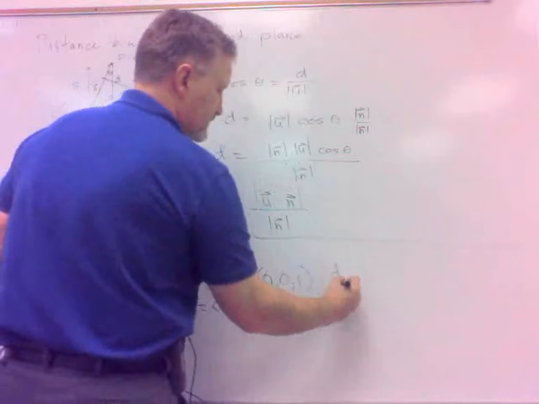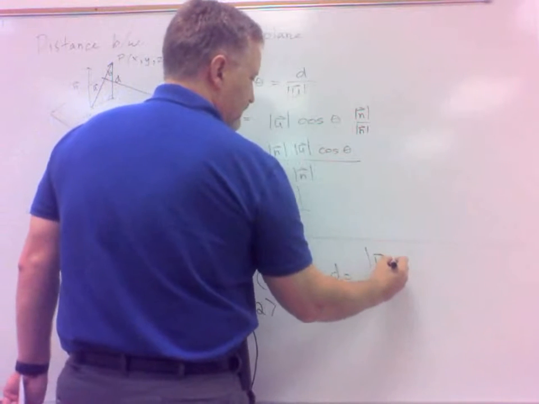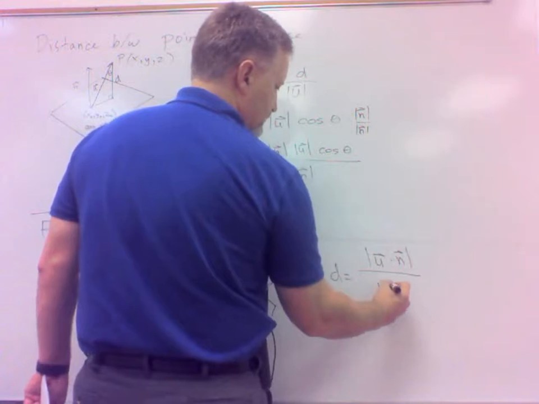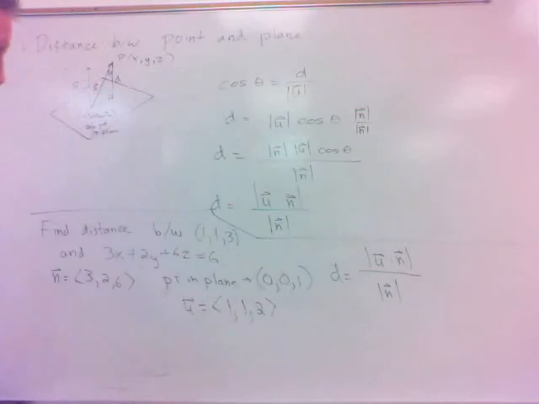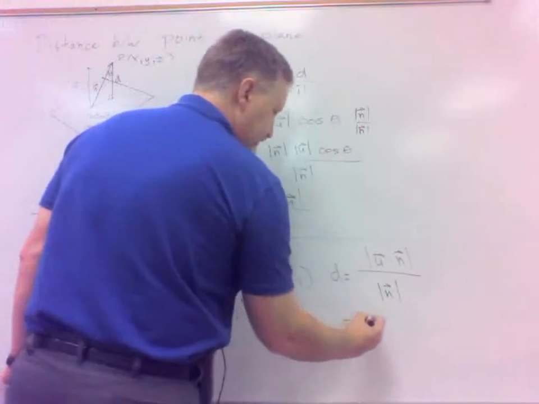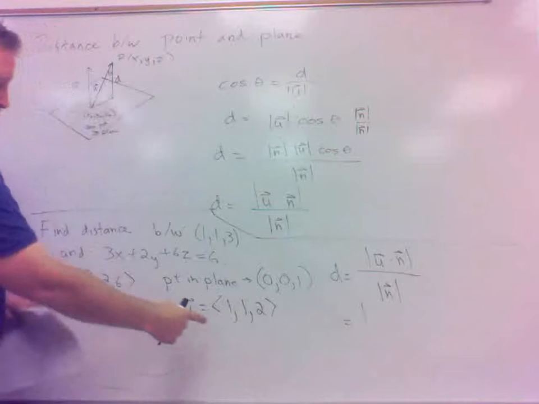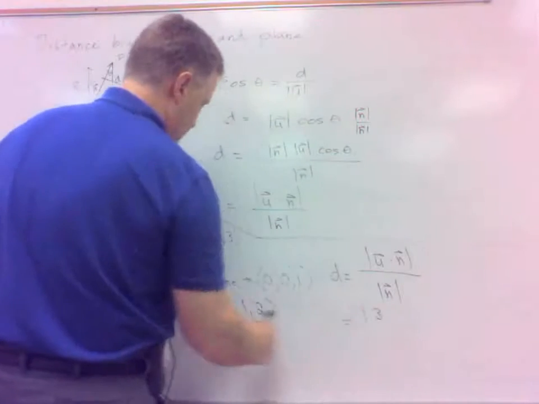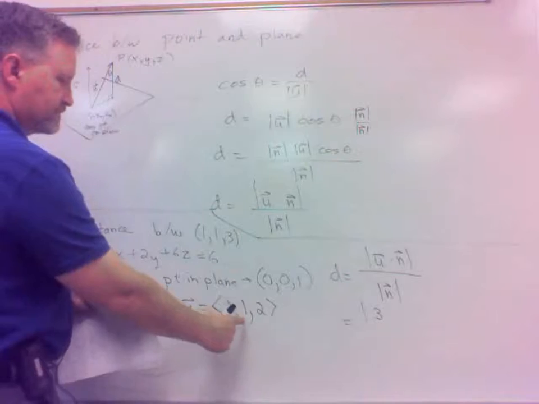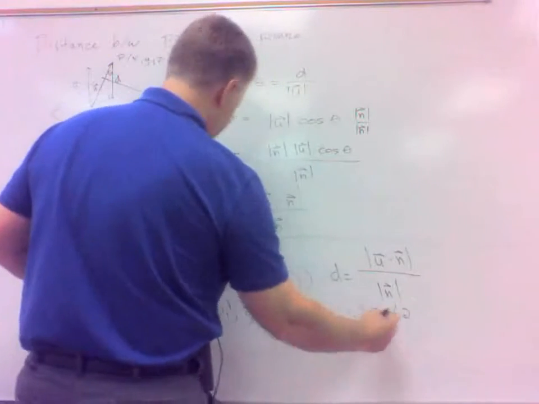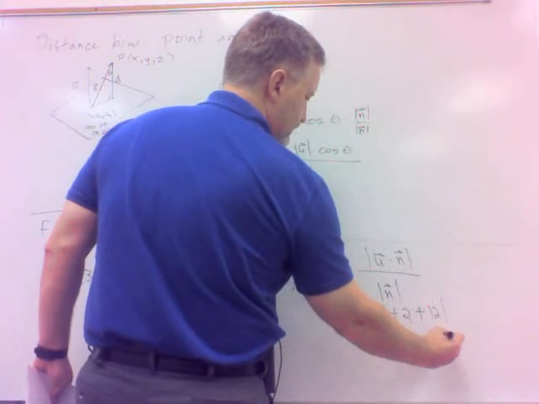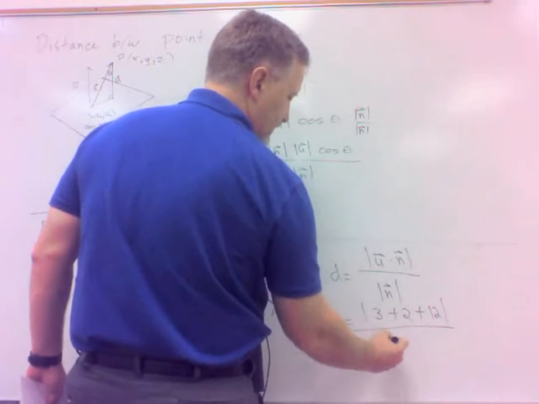So the distance then is the absolute value of the dot product of u and n vectors divided by the magnitude of n. So what's our dot product of u and n? 3 times 1 is 3, 2 times 1 is 2, so add 2, and then 6 times 2 is 12, which are positive, so the absolute value is not going to do anything.